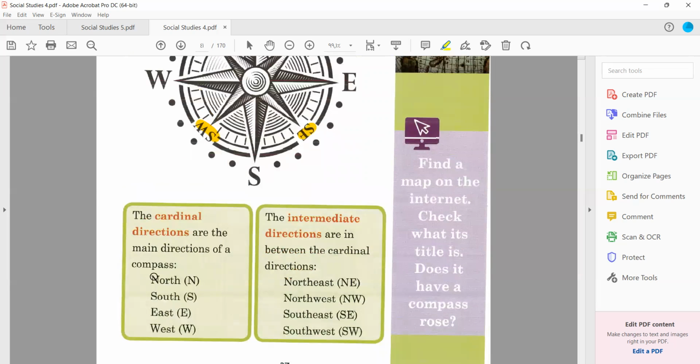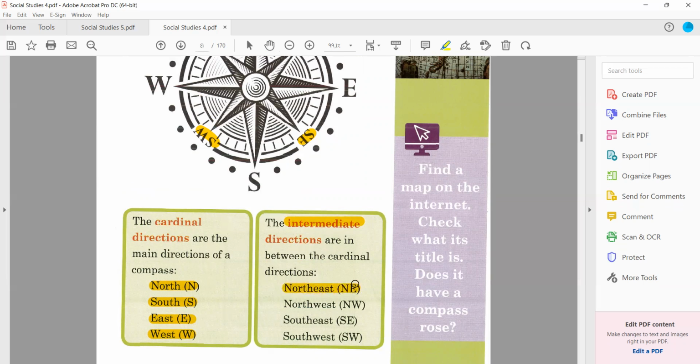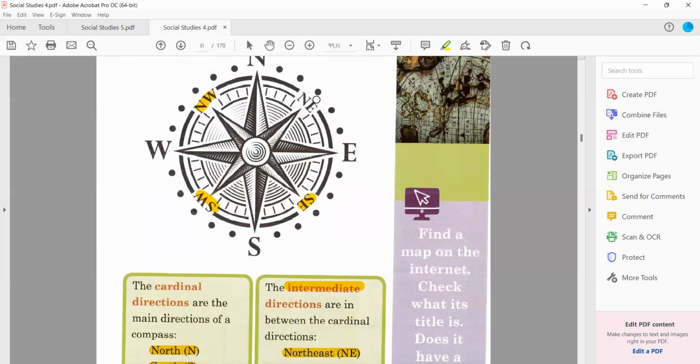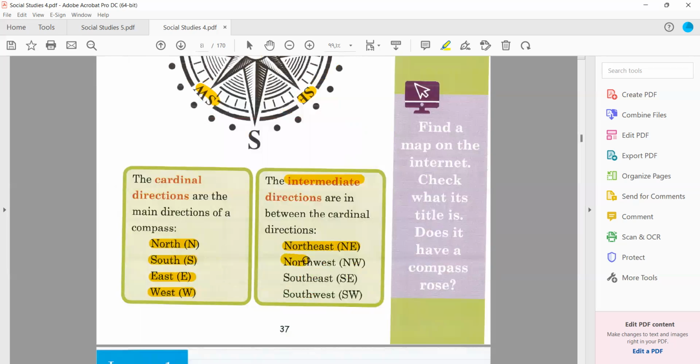So the cardinal directions are the north, the south, east, and west. The others are in a diagonal direction. As for the other directions, like northeast, here is northeast. So we will move to the north, then to the east. The rest are the same, northwest, southeast, and southwest.